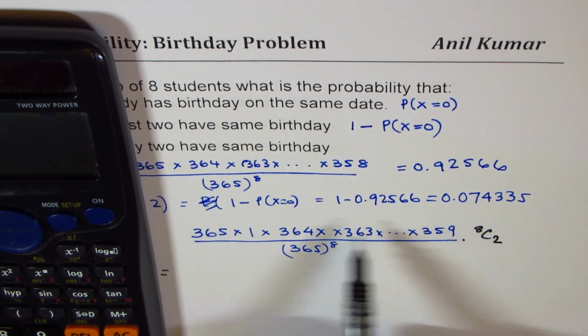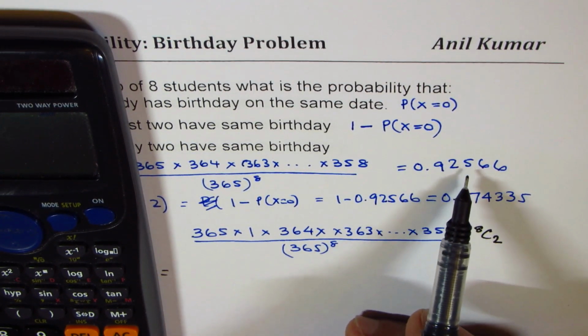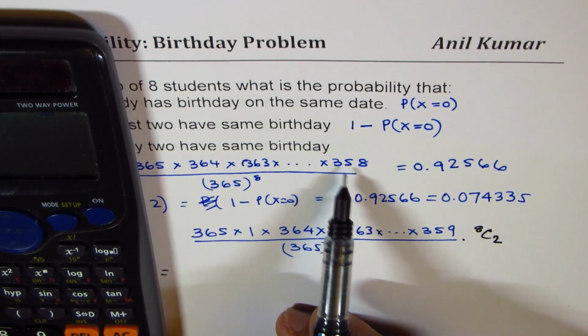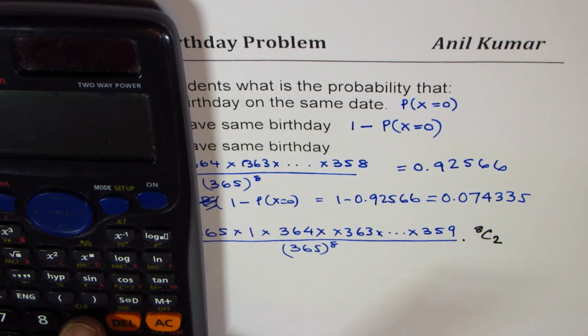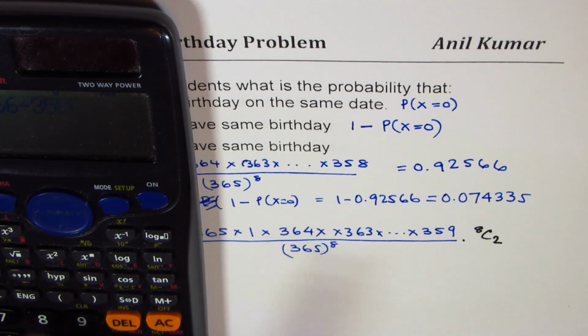Okay, so let's calculate this. Now if you see the difference between 0.9256, we have to divide by 358 and multiply by this, right? So I'll do an easier calculation. 0.92566, we'll divide that by 358.